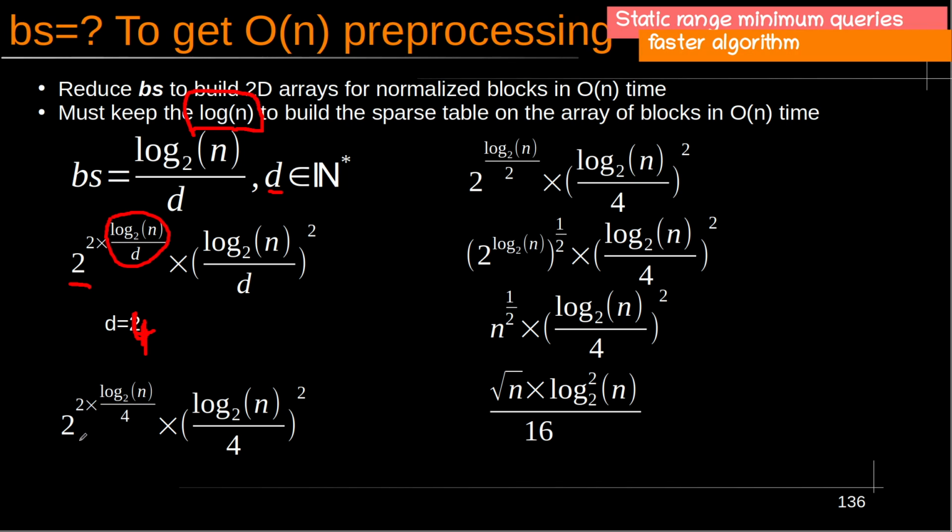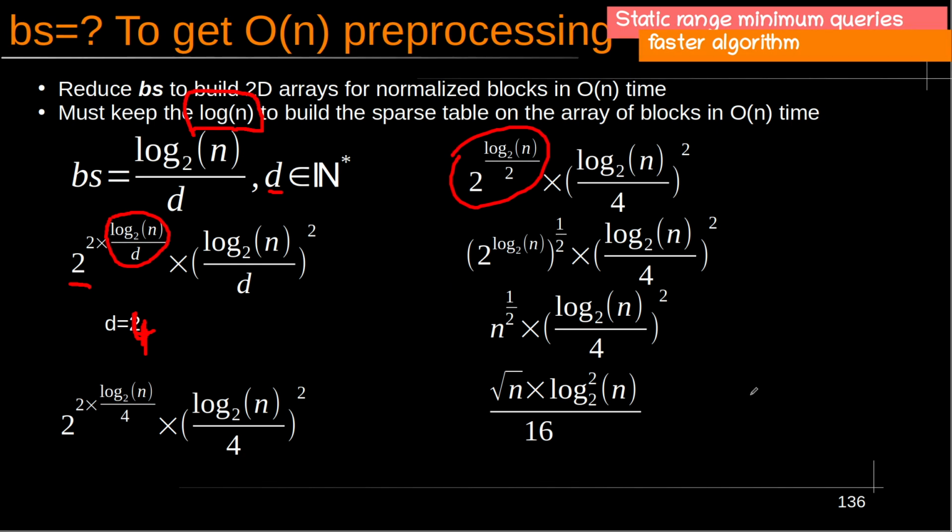So the formula will be 2 power 2 times log base 2 of n over 4, times log base 2 of n over 4 squared. We can write this as 2 power log base 2 of n over 2, because 2 over 4 is 1 over 2, times log base 2 of n over 4 squared. We can write this formula using the power properties.